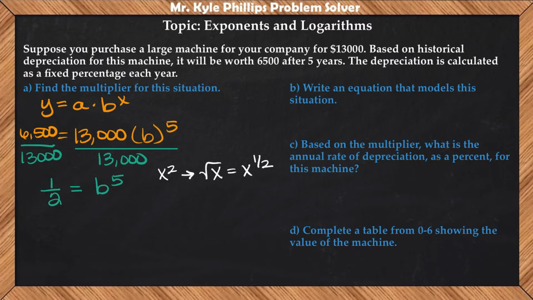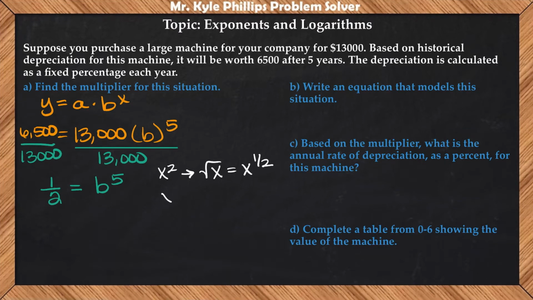So taking the square root of x is the exact same thing as raising it to the 1/2. So here with b to the 5th, if I had, say, x to the 5th, I could take the 5th root, which is the same thing as saying x raised to the 1/5.